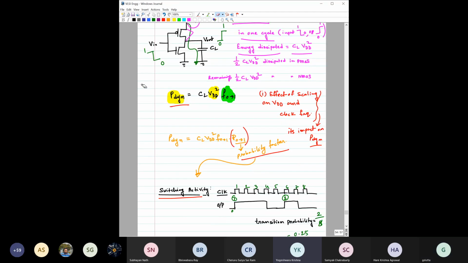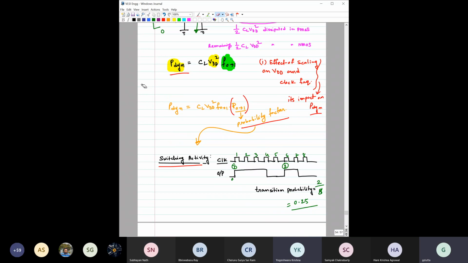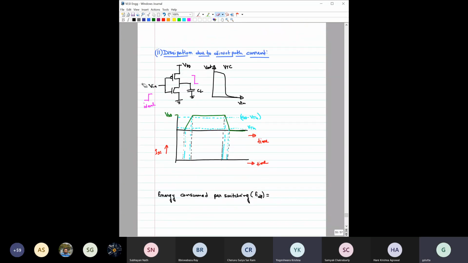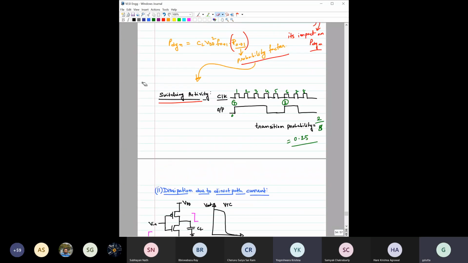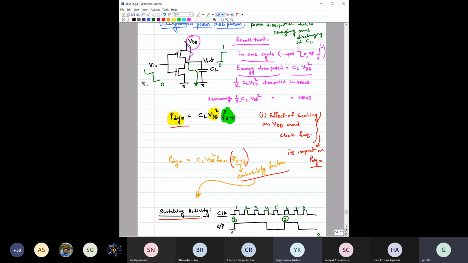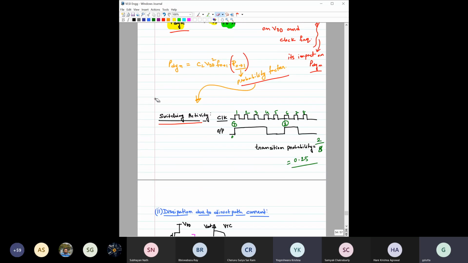Okay, in this dynamic power dissipation, more or less these things are important for our inverter purpose. We will see if we have to discuss something extra when we discuss additional gates like NAND gate and NOR gate.